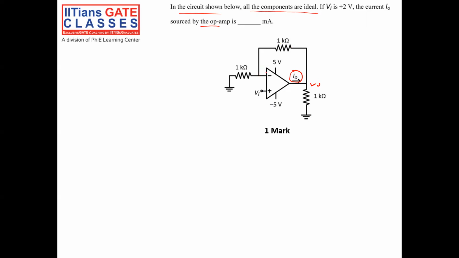So it obeys a principle called virtual ground. V positive is equal to V negative. The voltage at the non-inverting terminal is equal to the voltage at the inverting terminal when the op-amp is in negative feedback.